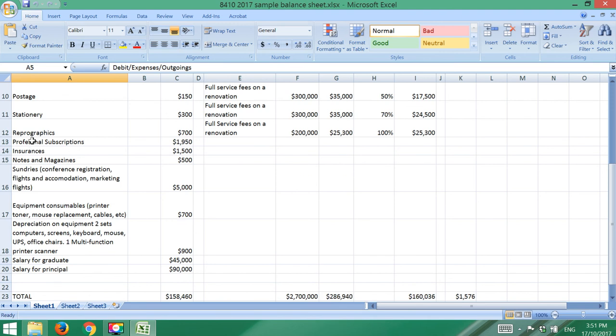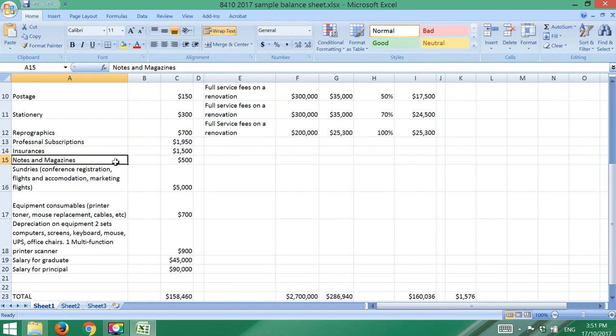As we move down, all these things are expected: photocopying or reprographics, professional subscriptions, which is the AIA and so on, and architects boards subscriptions, insurances, so work cover and professional indemnity, and notes and magazines.